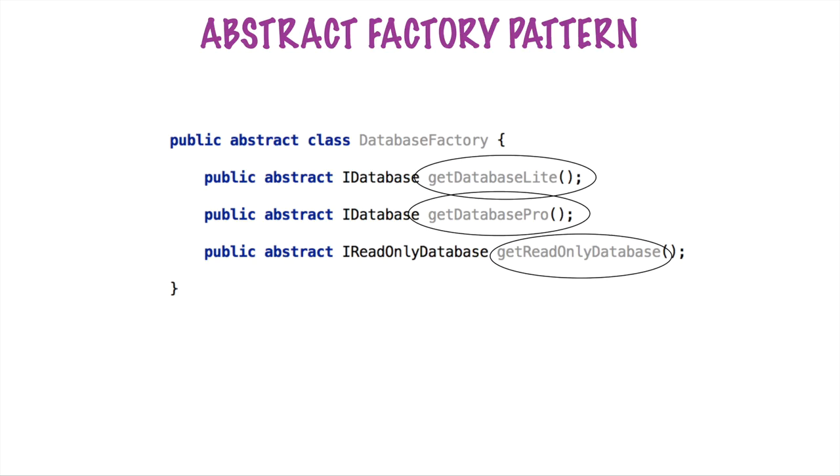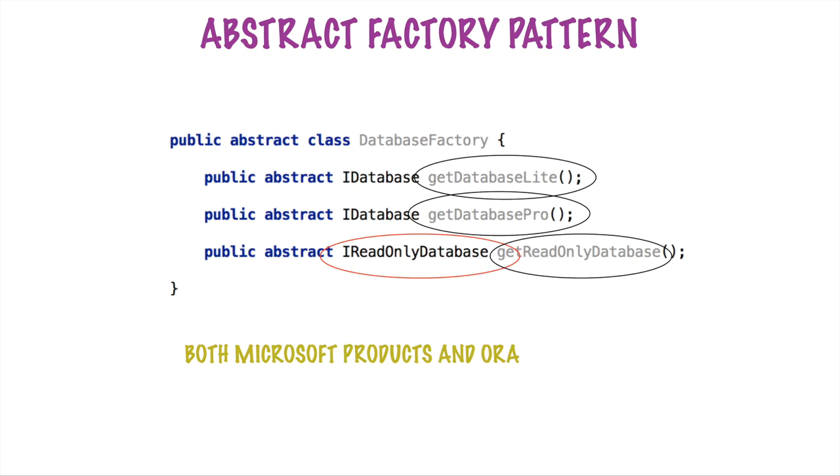Note that the interface for a read-only database is probably a little different. It'll probably be IReadOnlyDatabase. It'll no longer be IDatabase as we saw earlier. It probably has just limited functionality, no write commands, only read commands.